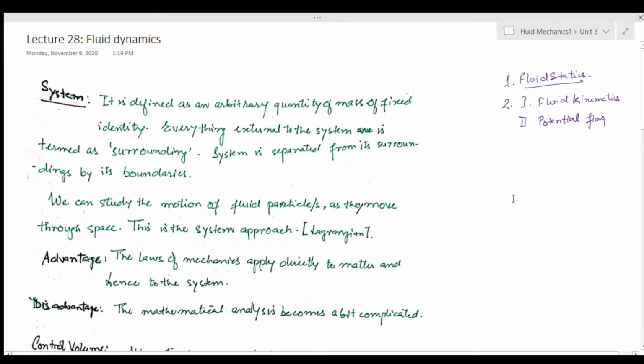So in the fluid kinematics part, we actually wanted to know that if the fluid is in motion, then what are the different kinematic parameters which we have, and how we can understand and how we can visualize this fluid in motion. So we talked about path line, streamline, streak lines, timeline, things like that.